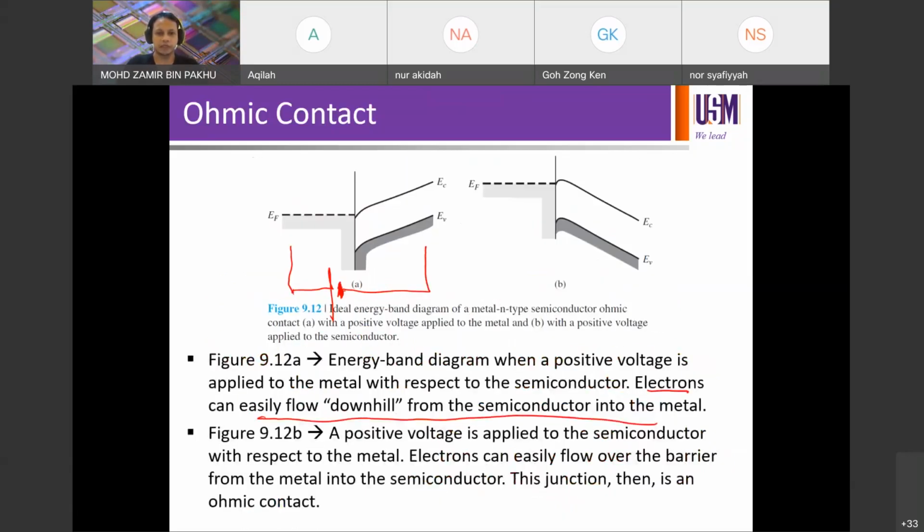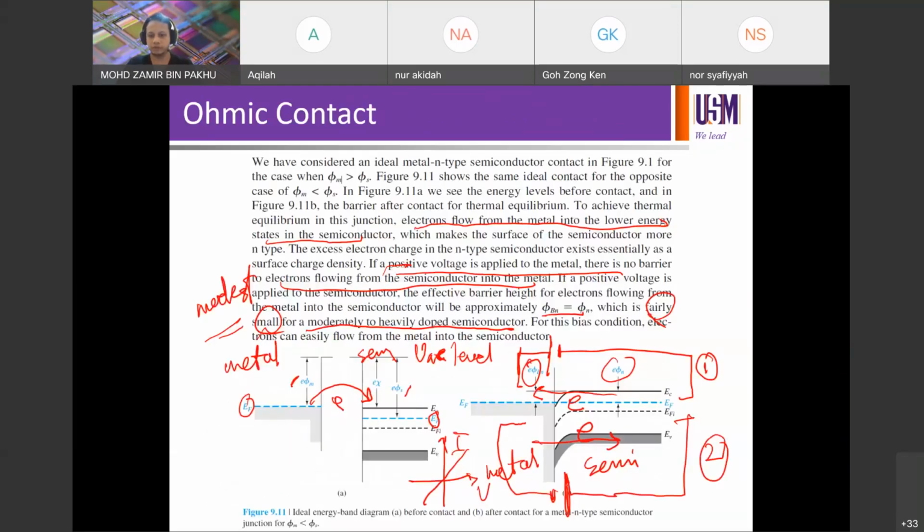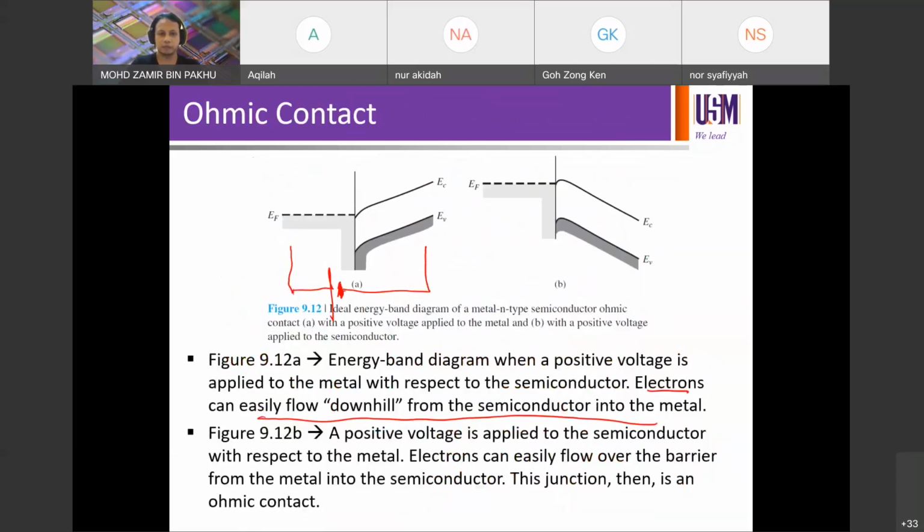So for case number 2, a positive voltage is applied to the semiconductor, just like in our previous page. On our previous page, positive is applied on the semiconductor with respect to the metal. Okay, label clearly, metal, semiconductor, metal, semiconductor.